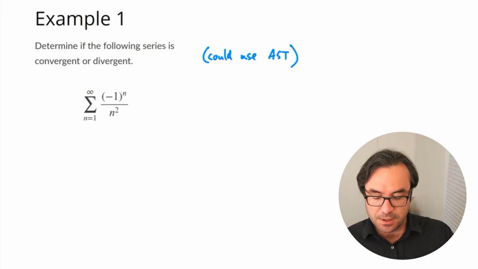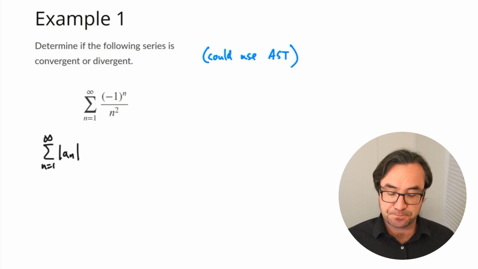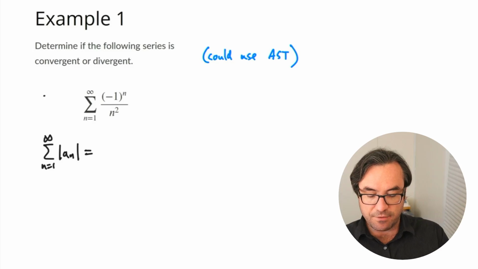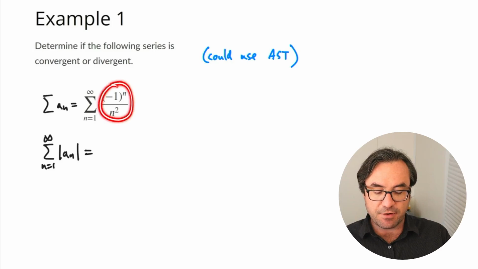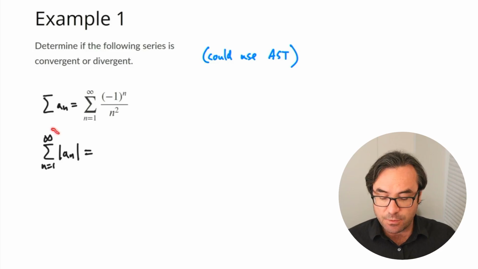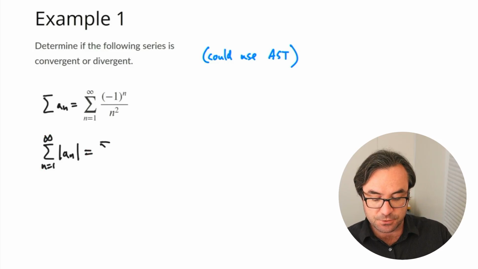So let's form our series of absolute value terms and look at this. We have our original series. Let's call this sigma an. And so we have our original terms here, negative 1 raised to the power n over n squared. And when we form this series of absolute value terms, let's write it out.